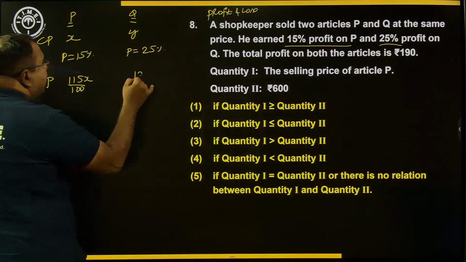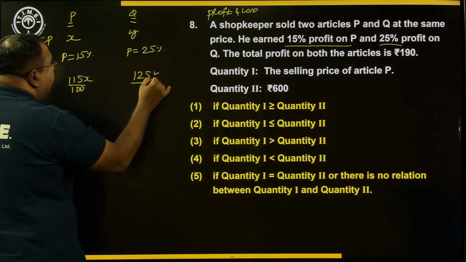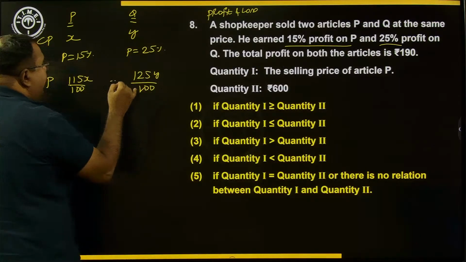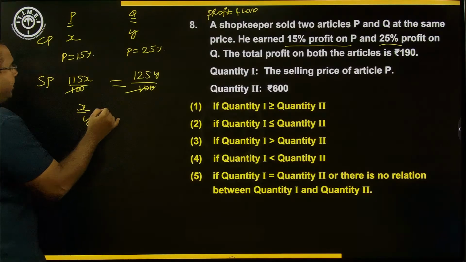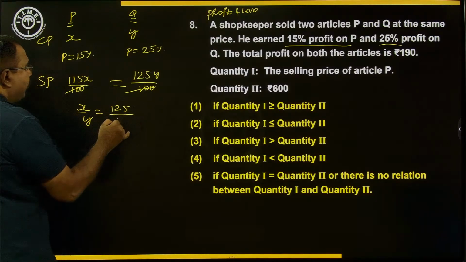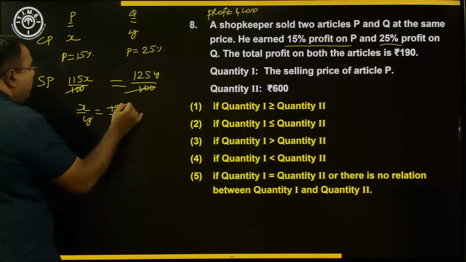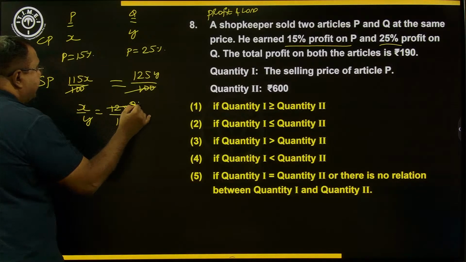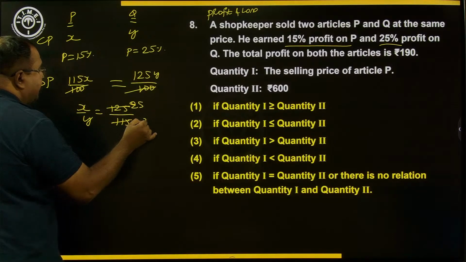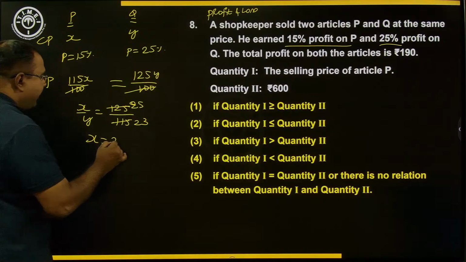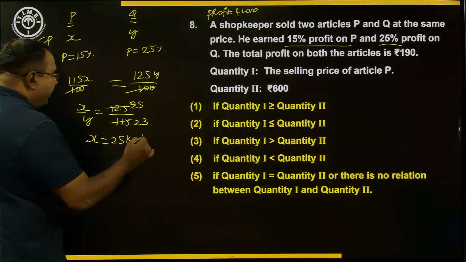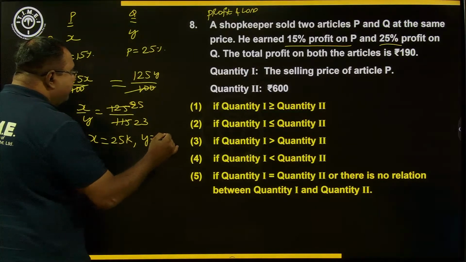What is my selling price here? 125%. 125y by 100. He is saying that selling price is same. So, this two will be cancelled. X upon Y is 125 upon 115. 25 5s are 125, 25 23s are 115. Okay. Then I can say X is equal to 25K and Y is equal to 23K.